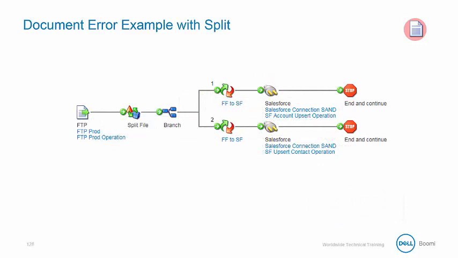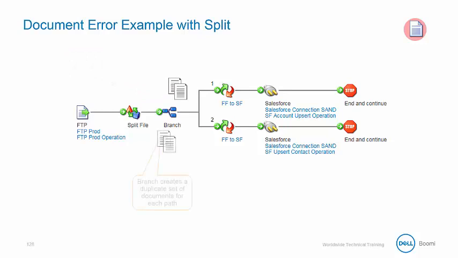Now here's an illustration of the document failure concept with a data process split operation. A single FTP file is read as one original document. The data process shape splits the file into multiple documents.